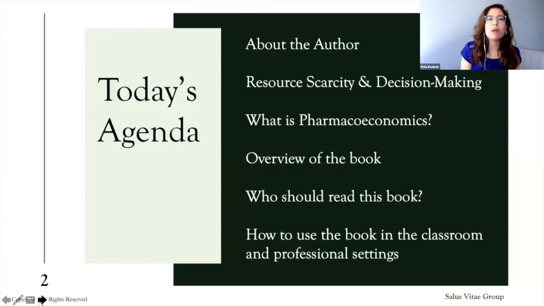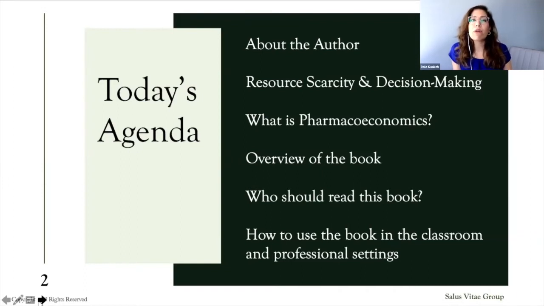This is the agenda for the next 20-25 minutes. I'll tell you a little bit about myself for those that are new. Then we'll talk about resource scarcity and decision making, which is really the foundation for why we even talk about pharmacoeconomics and why we think about cost analyses in general.